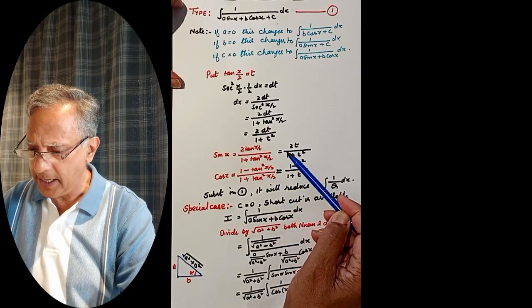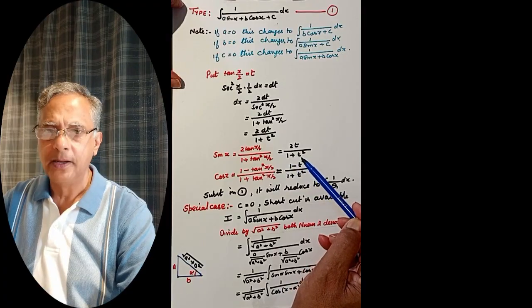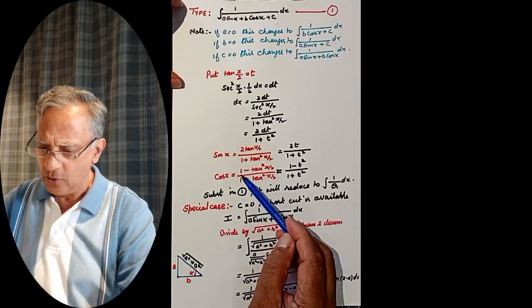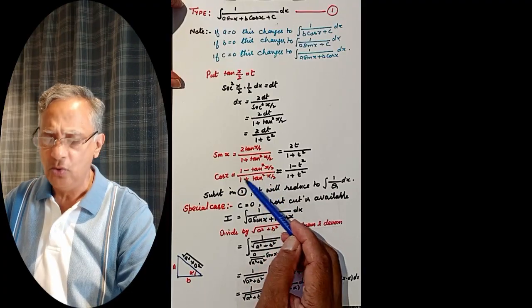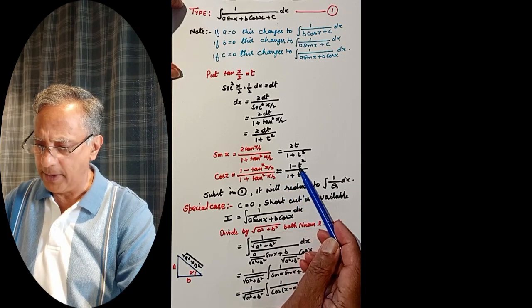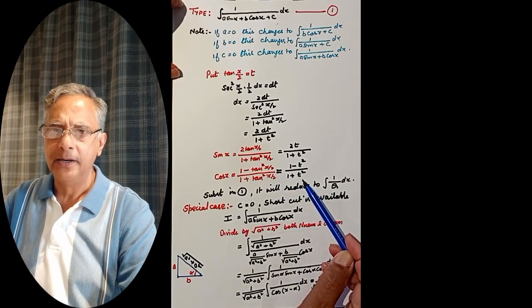This can be written as 2t over 1 plus t square. And cos x is 1 minus tan square x by 2 over 1 plus tan square x by 2, which is equal to 1 minus t square over 1 plus t square.